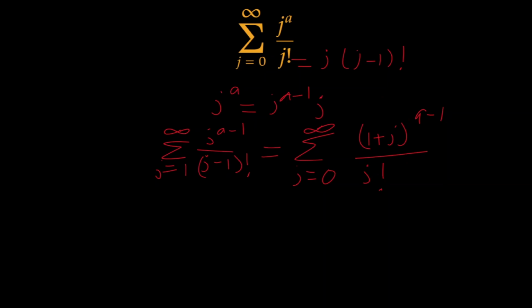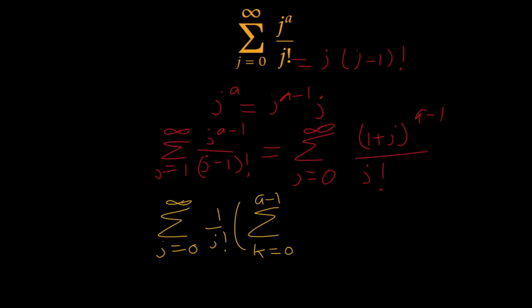So by the binomial theorem, we have the following. We have our sum from j equals 0 to infinity, and 1 over j factorial, which I'll write out front. But then this 1 plus j term is going to be the sum from, say, k equals 0 all the way up to a minus 1 of j to the k.